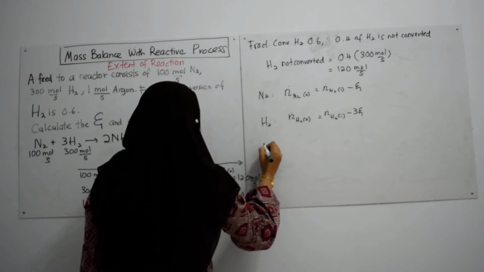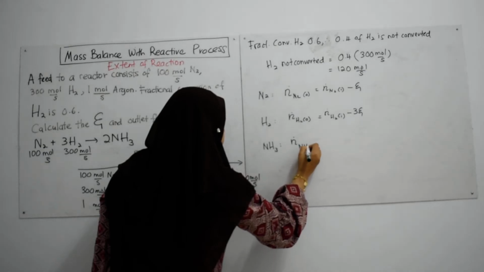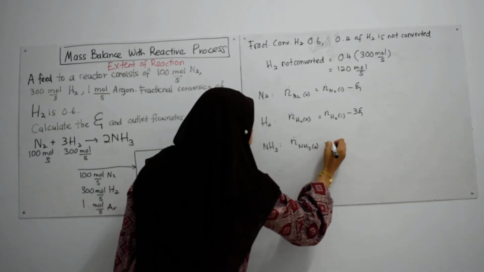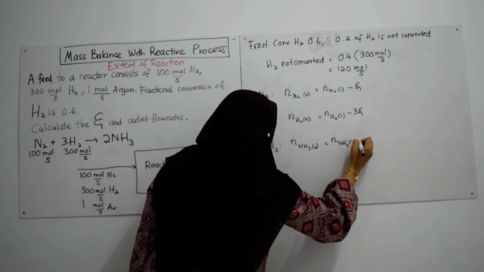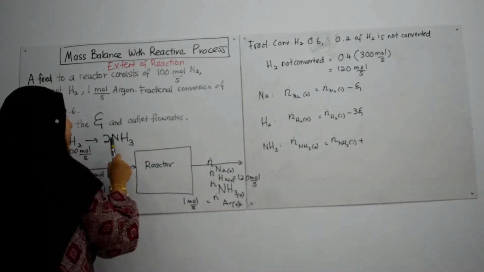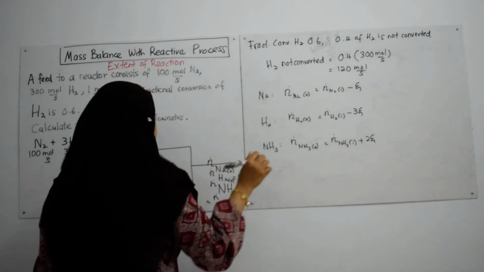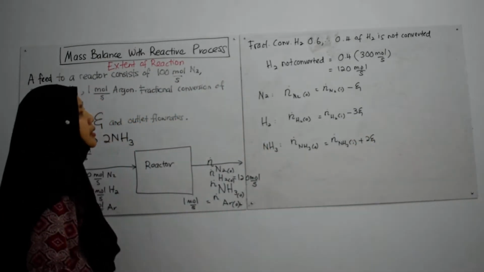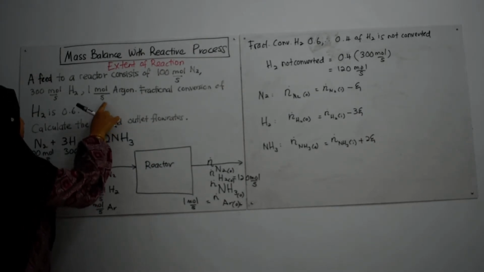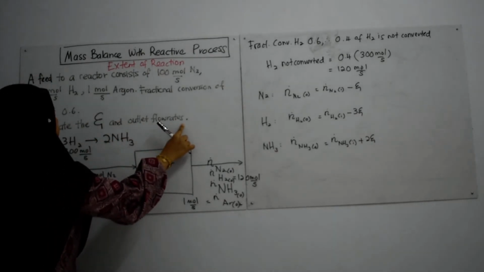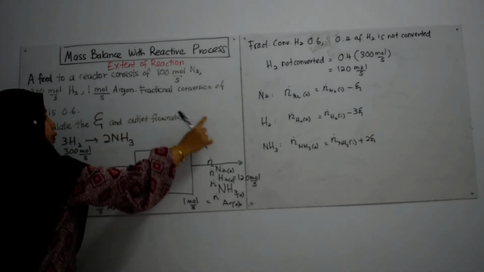Then let's go for NH3. n NH3 out is equivalent to n NH3 in plus, because it's a product, the coefficient times the extent of reaction. So how are we going to find the extent of reaction and the outlet flow rates? Once we get the extent of reaction, we can easily find the outlet flow rates.